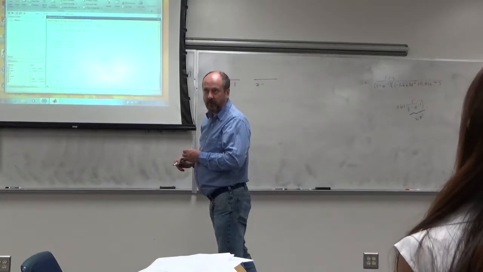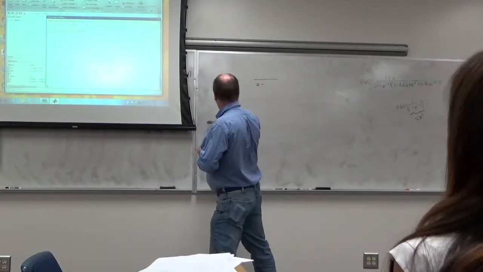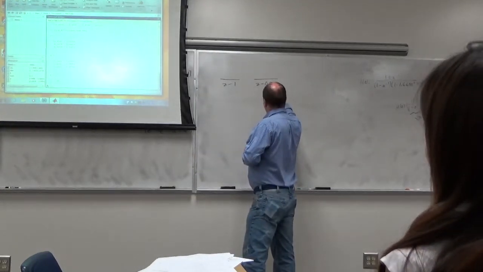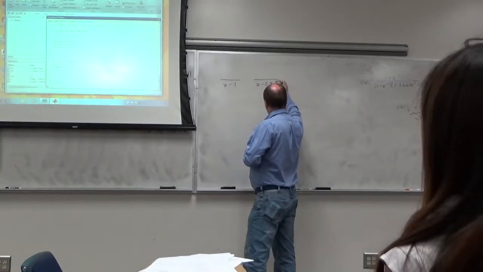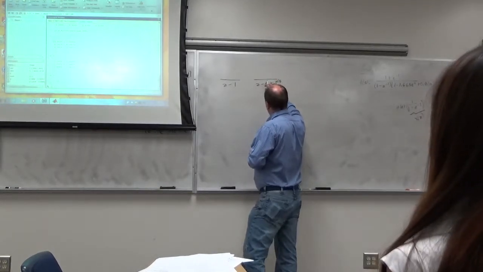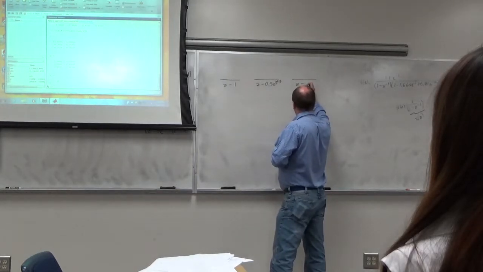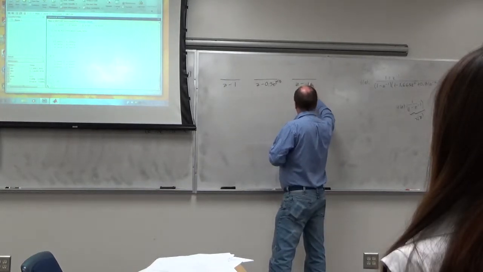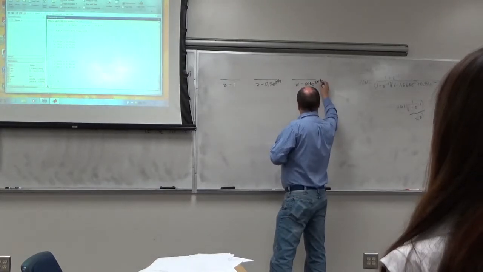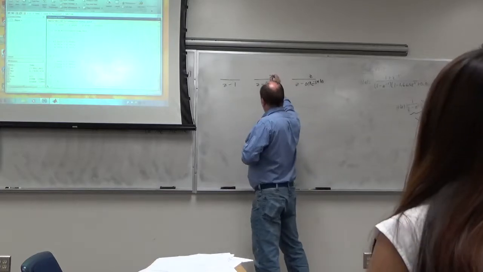The poles are the same as they were before. This is 0.9 e to the j pi over 8. And the next one is something over z minus 0.9 e to the negative j pi over 8. And I've got z's in the numerator of all these.